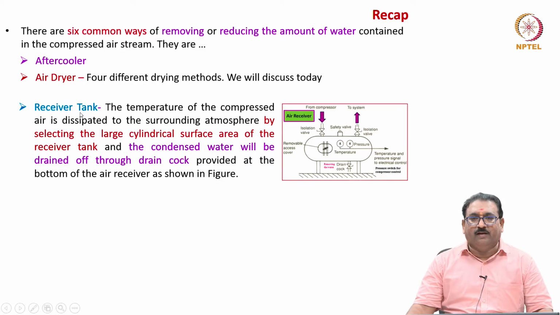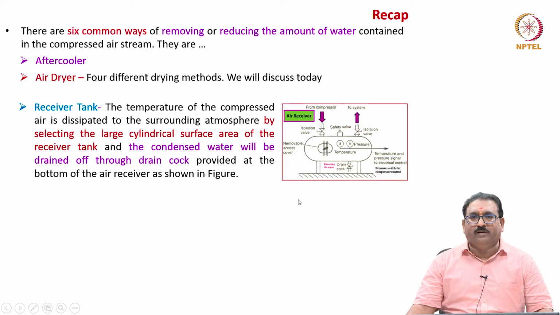The receiver tank also does the function of lowering the air temperature. That is why we know that the constructional feature of the air receiver tank is always a cylindrical shape with a large surface area to dissipate the heat.